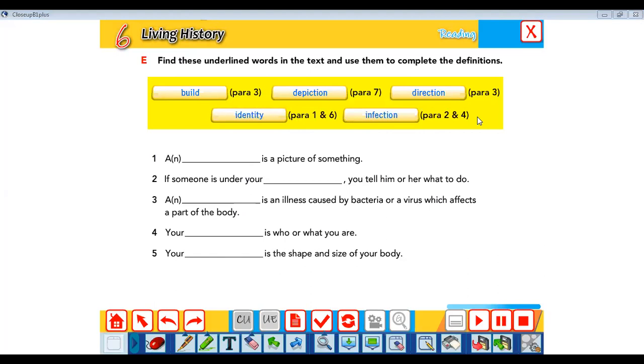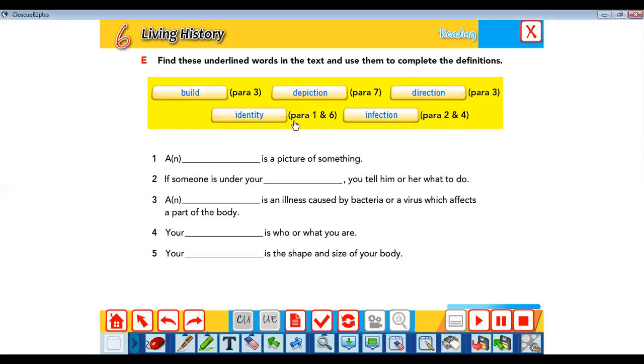Number one. Yes, Alia, you are raising your hand. Hur, you can answer now. It will be depiction. Very good. The first word is depiction.